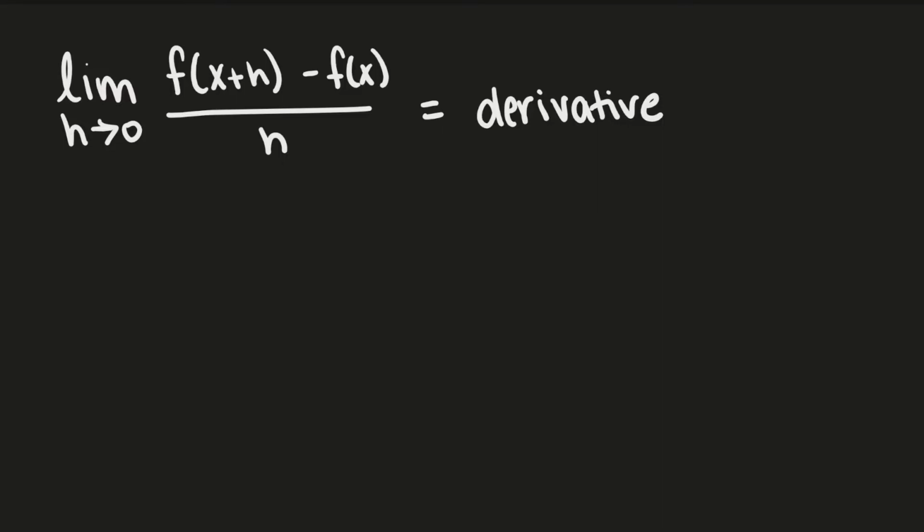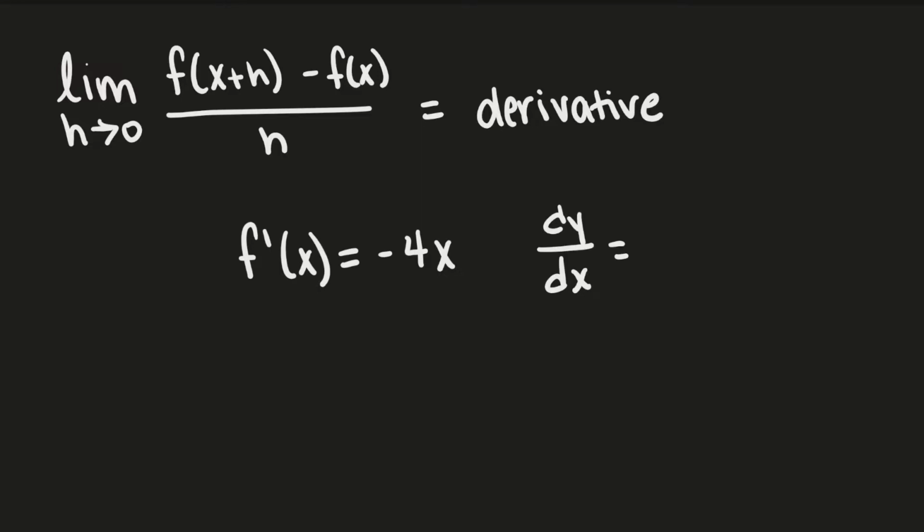And there are a few different ways that we can express the derivative. In general, you'll typically see the derivative expressed as f prime of x, where this is finding the derivative. So if we take our example from earlier, we know that the derivative was equal to -4x, so we could express that like this. We may also see dy dx, where d dx means you're taking the derivative, so dy dx means the derivative of y with respect to x is equal to -4x.